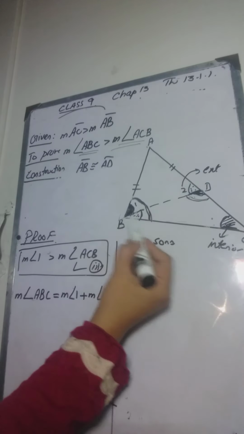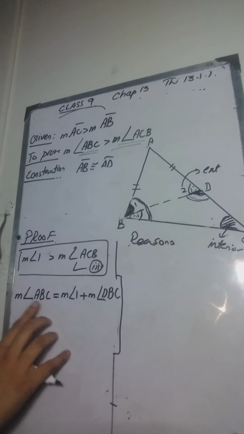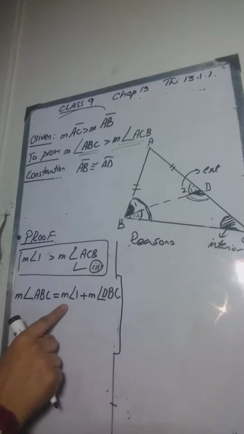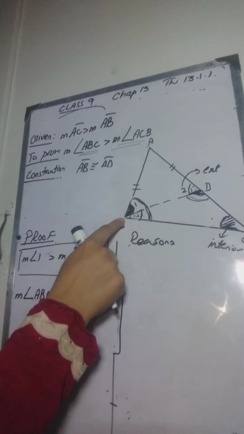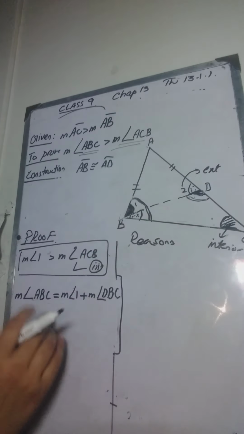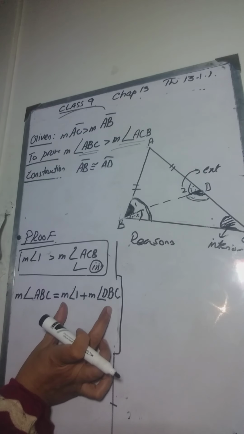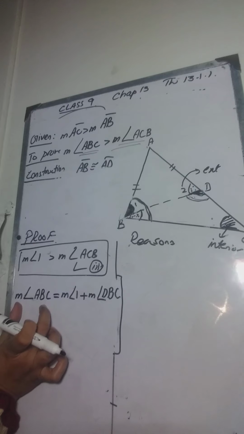Angle ABC, this whole angle, is the sum of these two angles, angle 1 and angle DBC, the dotted one. It means that these two angles add up to give ABC.